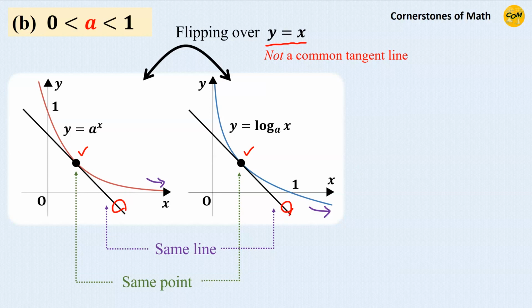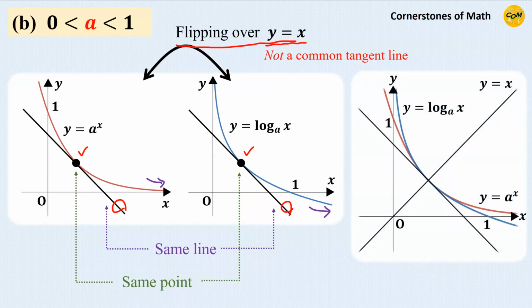But due to the inverse relation, we must be able to flip the entire thing over y equals x to obtain the other one. And the only way this is possible is like this. Here, the point of tangency is still on y equals x, but now the common tangent line is perpendicular to y equals x, which means that its slope is now minus 1. So let's use this picture to set up the equations.